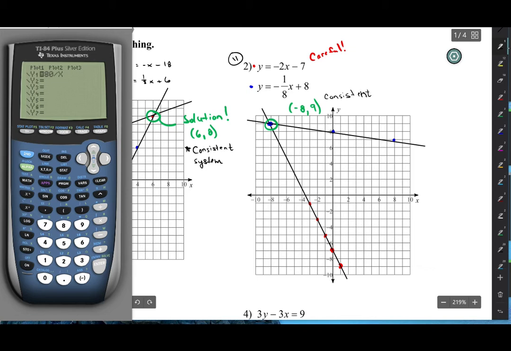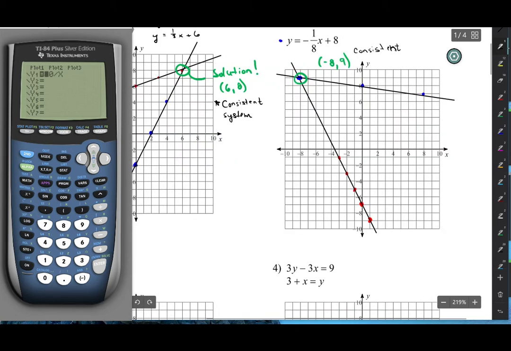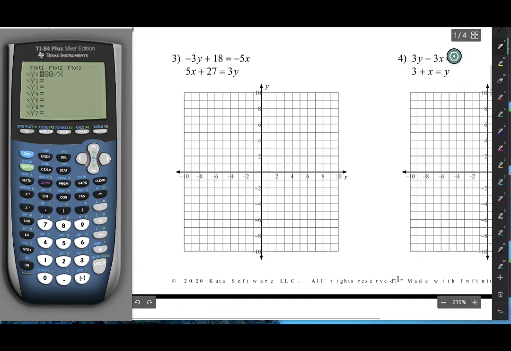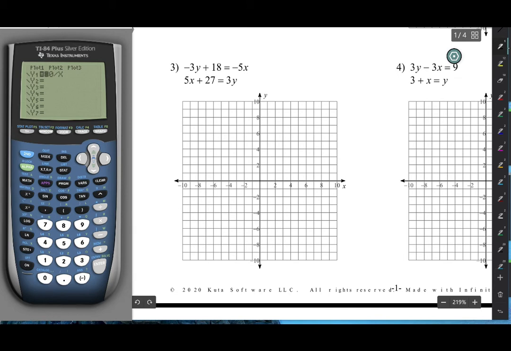Alrighty, hopefully you're getting the hang of that then. Let's see what some of the extra tricky ones look like. Okay, so 3. Notice this is all messed up, so really just get it into a form you're comfortable with. We have x on the right, y on the left.